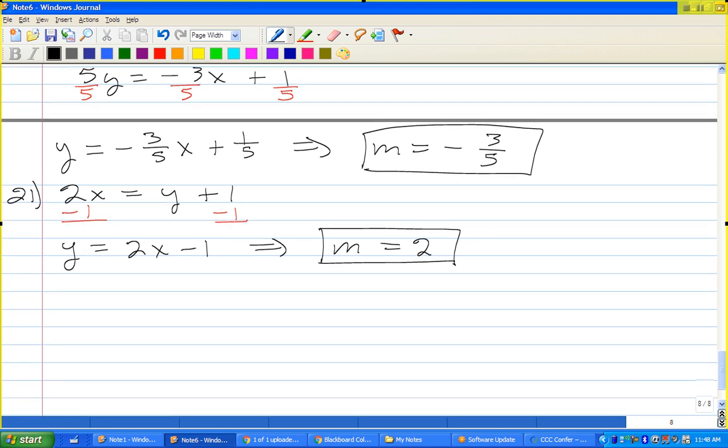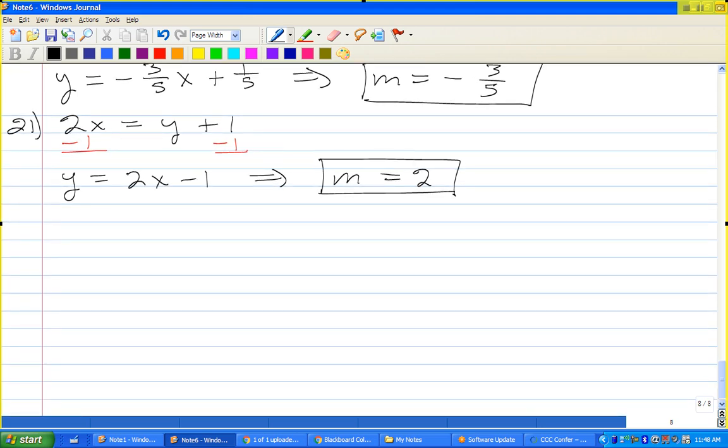Let me do problem number 23. Negative 2x plus 4y equals 7. Add 2x to both sides of your equation.